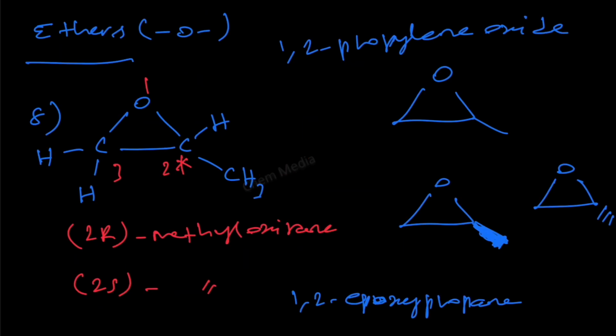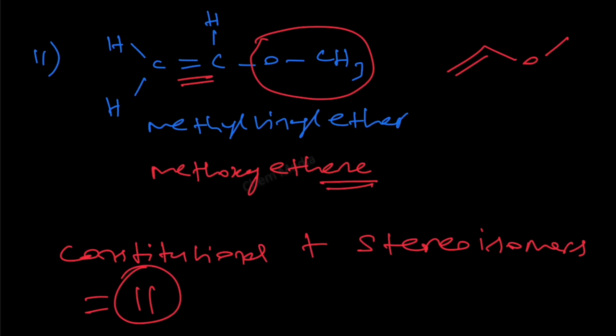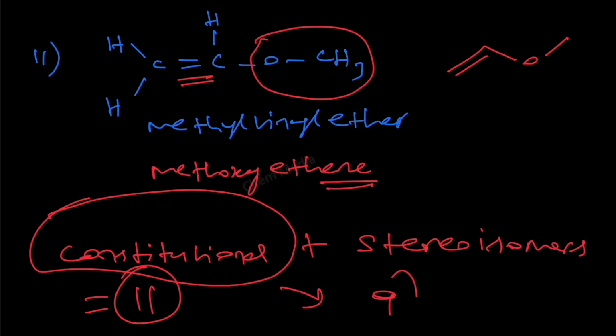Because here we have to count it as one isomer, because we counted it as 2 isomers. But when we count it only as constitutional isomers, then we have to count this one as one isomer, and then we had geometrical isomerism for this one. That also needs to be counted as one isomer. That's the reason if they are asking only constitutional isomers, then the answer has to be 9.